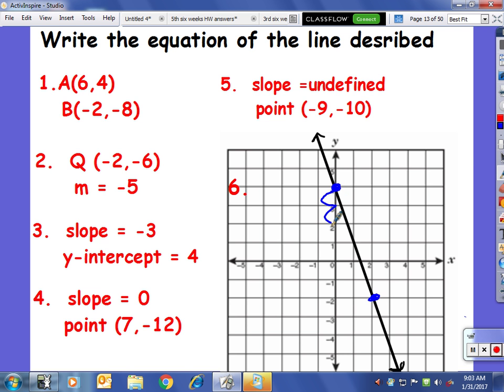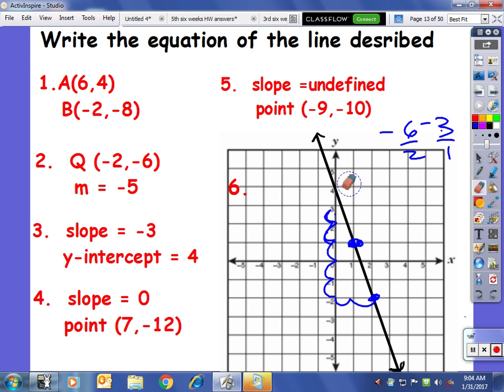So we're going down 1, 2, 3, 4, 5, 6, and over 2. Actually, I could have done this point right here, huh? We're going down 3 and over 1, or down 6 and over 2. 6 over 2, 3 over 1, those are the same thing, aren't they? And they're both negative.